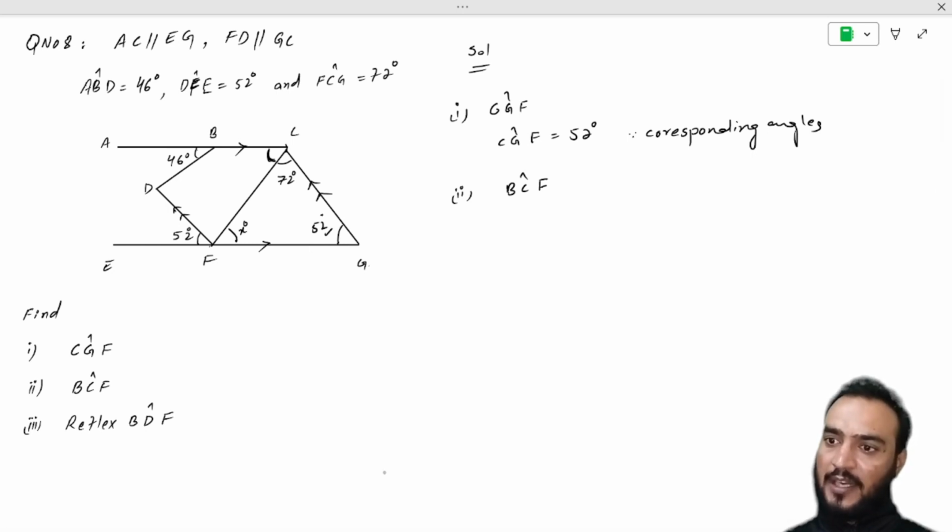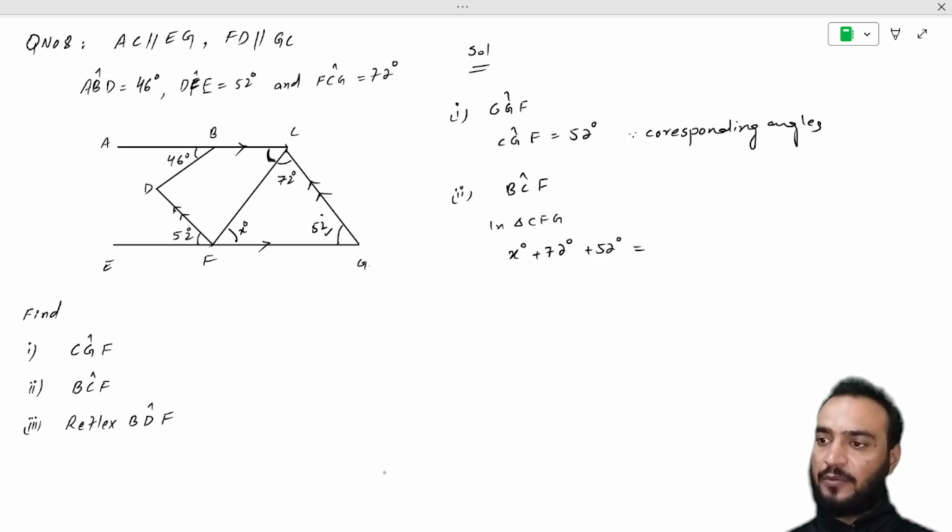In triangle CFG, the sum of interior angles of the triangle is equal to 180 degrees. So X degrees plus 72 degrees plus 52 degrees is equal to 180 degrees. Hence we get the value of X degrees, that is the angle CFG, which is equal to 180 minus 72 minus 52.